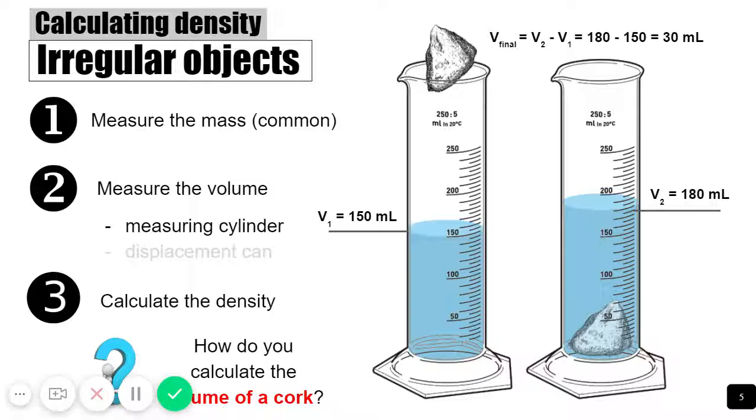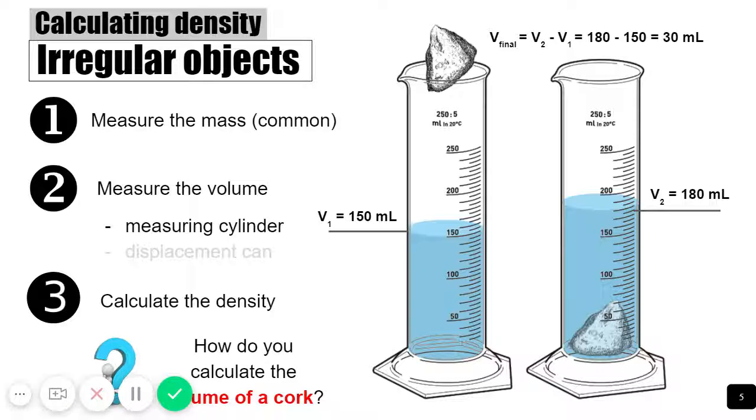What about irregular objects? You will still need to measure the mass, and this is a common factor between the regular and the irregular objects. Let's take this stone for example. If the stone is small enough to fit into a measuring cylinder, which is what we're doing in step number 2, in the measuring cylinder you will put a certain volume of water.